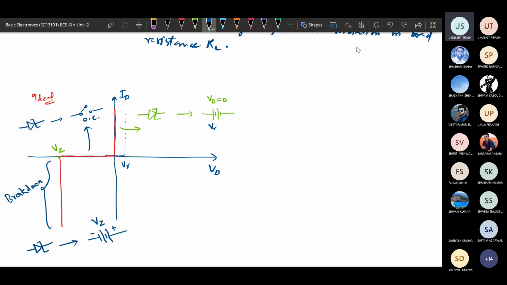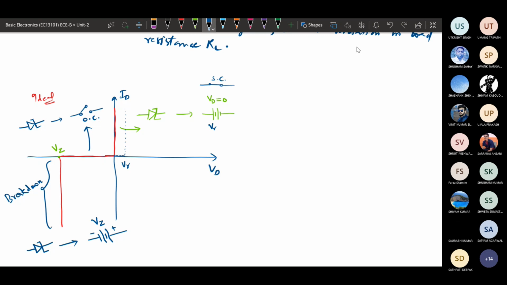If the general diode is ideal, then in the forward region it will be replaced by just a short circuit, that is, 0 voltage. Or if it has some cutoff voltage or knee voltage, then a voltage source will replace it. Otherwise it is a constant voltage of 0 volts once it is on, or we can call it a short circuit in the forward region.